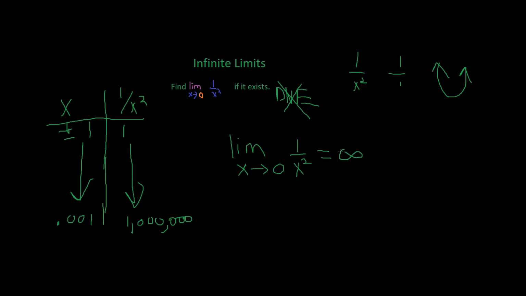This does not mean that we are regarding infinity as a number, nor does it mean that the limit exists, right? Because the limit still does not exist. This is just a better way to define it. It simply expresses this particular way in which the limit does not exist. And so 1 divided by x squared can be made as large as we like by taking x close enough to 0.